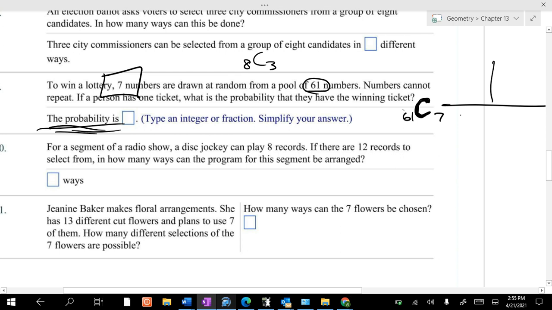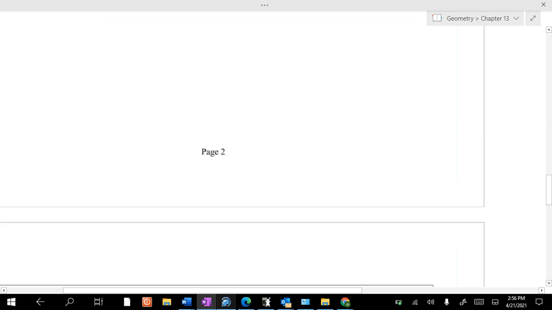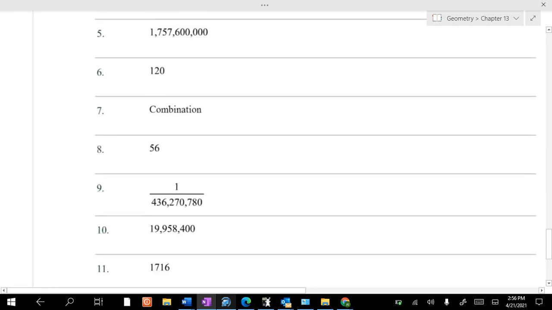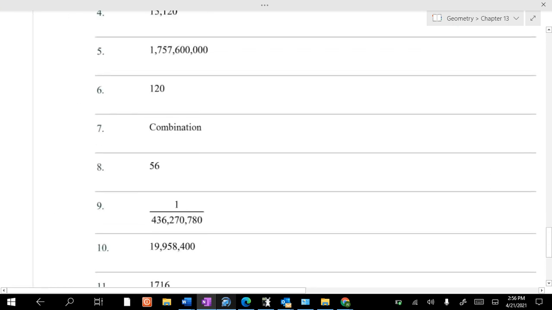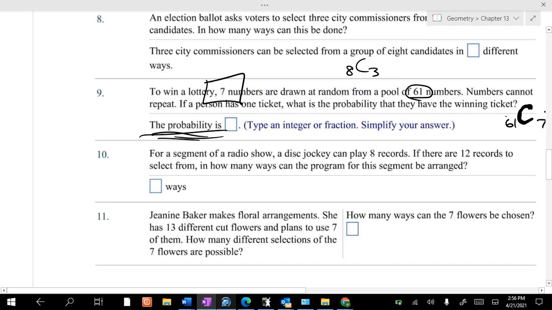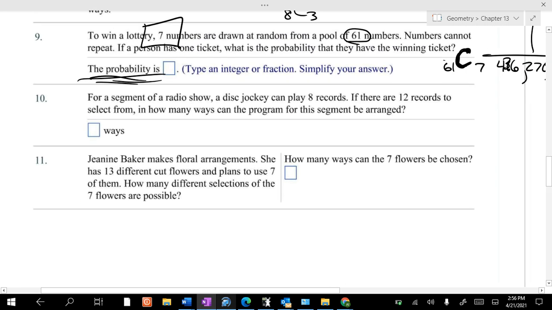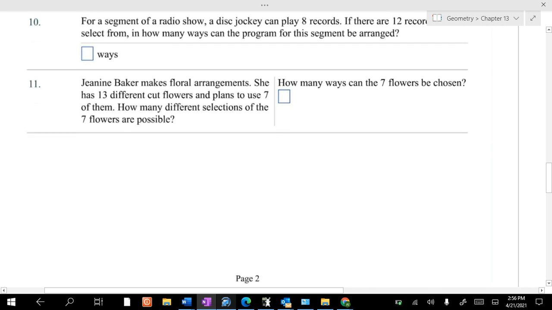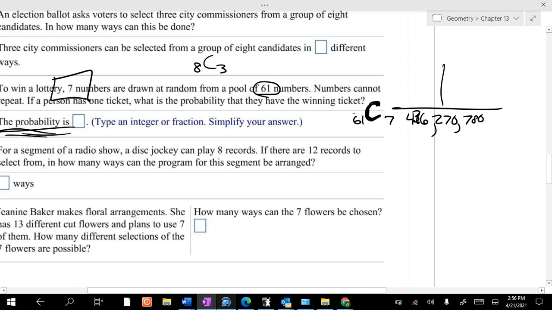It's a pretty big number on the bottom. 436,270,780. Something like that. One out of 436,270,780. All right. This chocolate, we've already seen that. Floral arrangement, combination, because order is important.